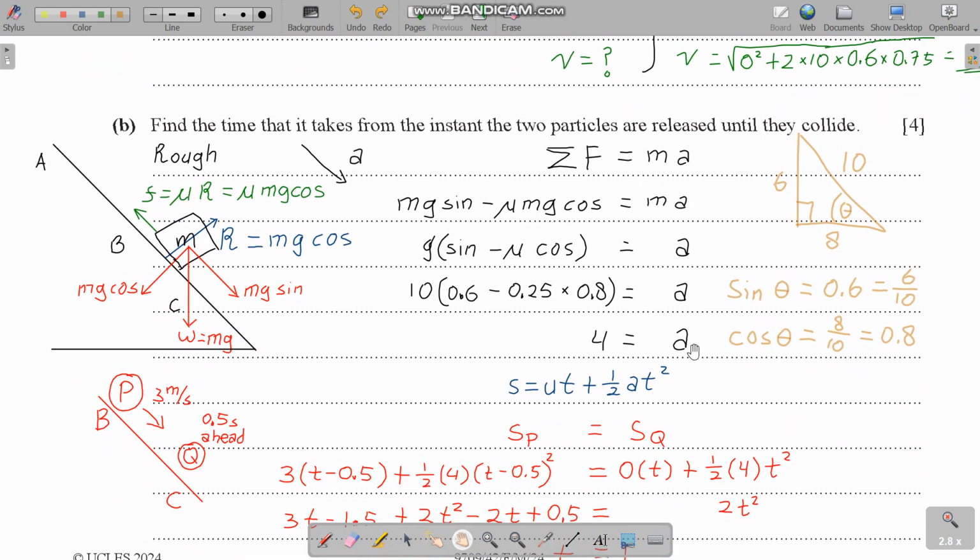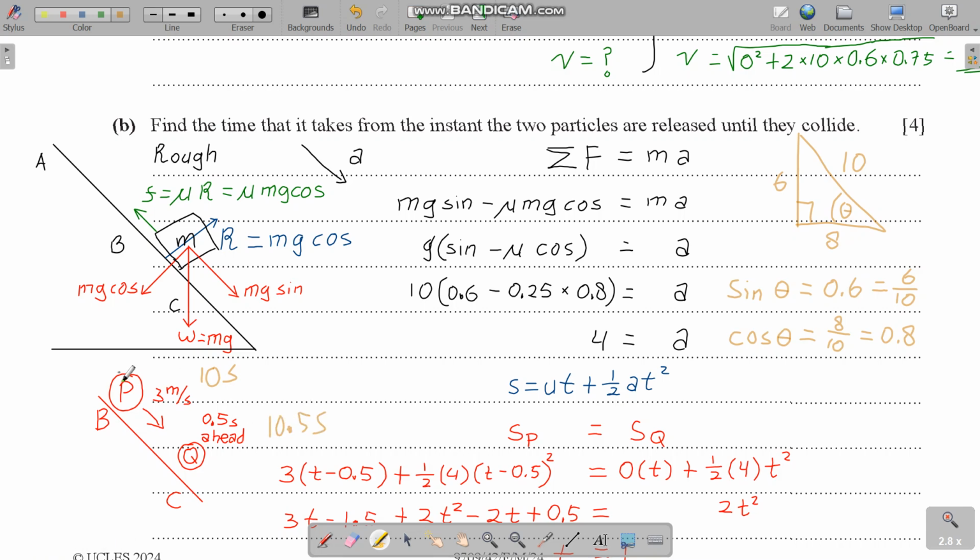Now remember, when P reaches B, the speed is 3, and this happens 0.5 seconds after it was released. That means when P reaches B, Q has already gone some distance down the slope. So Q is 0.5 seconds ahead. When P has moved, say, 10 seconds, Q has moved 10.5 seconds.